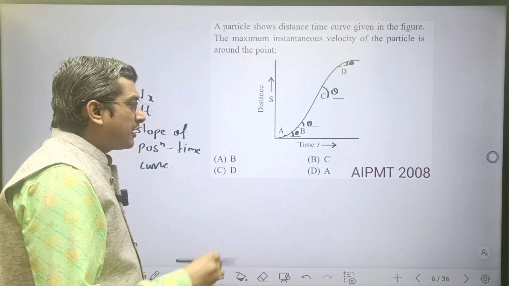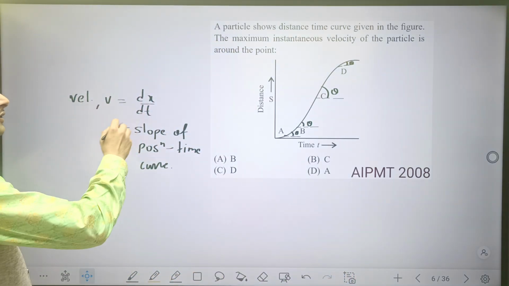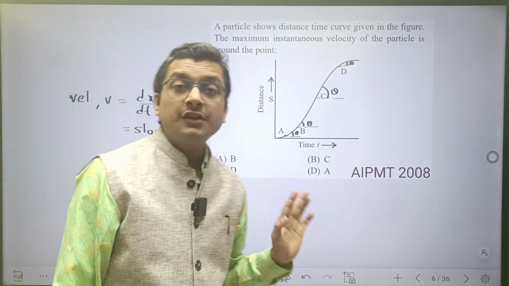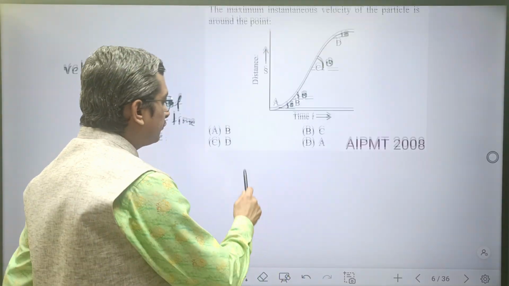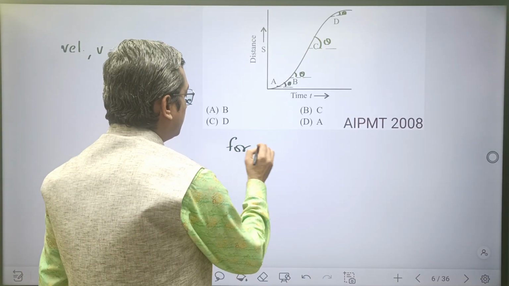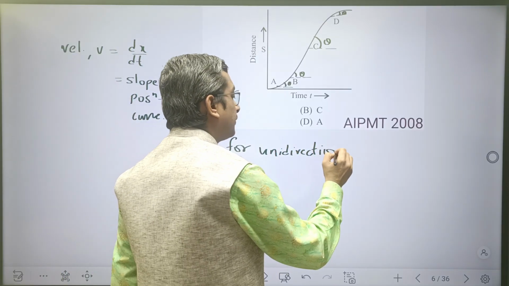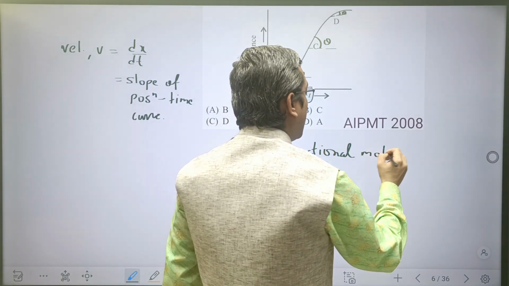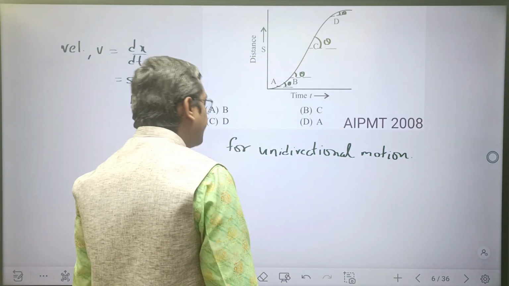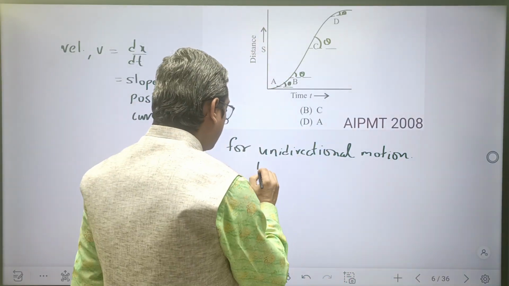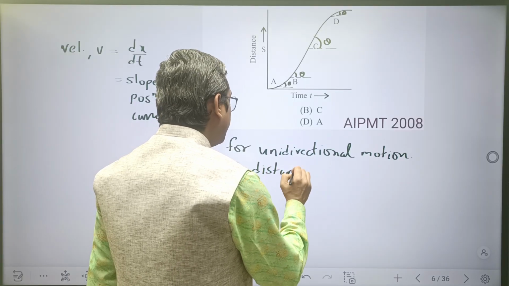Now some students may ask, sir, velocity is given by the rate of change of position, that is dx by dt, but here in the question it is given as distance. So remember, dear students, whenever it is not given, consider the given motion as unidirectional motion as far as NEET is concerned. And for unidirectional motion, if you take the start point as origin, then the three quantities are interchangeable.